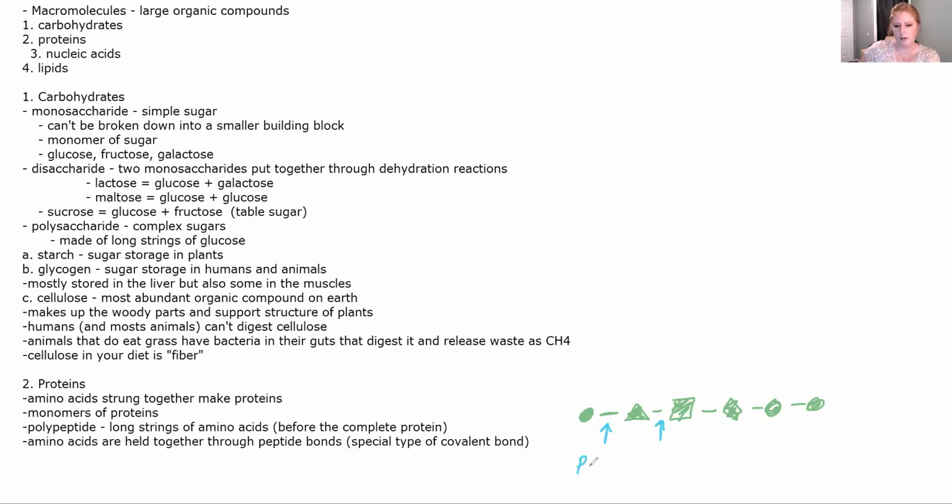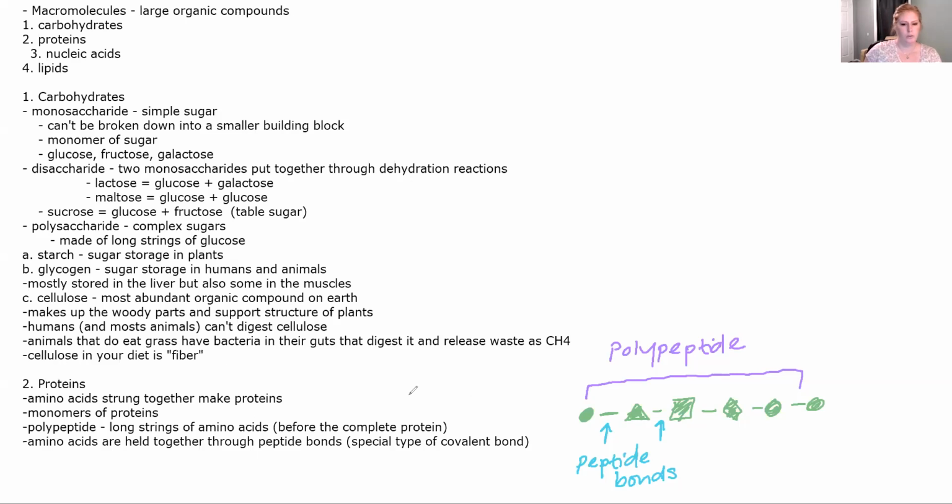These are our peptide bonds holding our amino acids together, all right? And then this whole thing would be a polypeptide. When you put a bunch of polypeptides together, then you end up eventually with a completed protein. Obviously, polypeptides are going to have way more amino acids than I drew right here, but we're going to pretend.